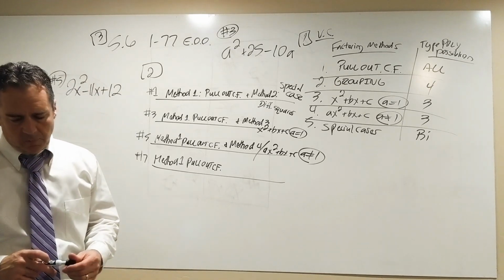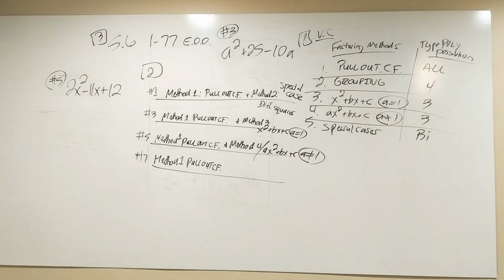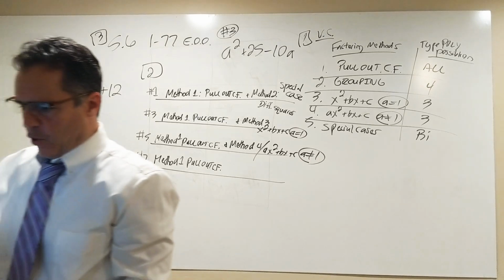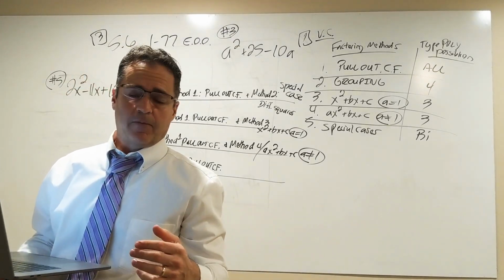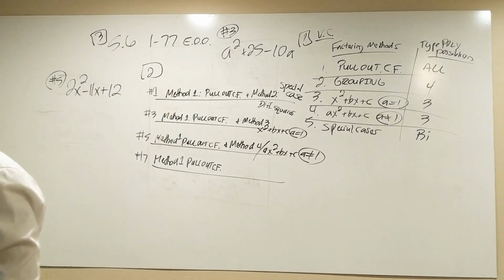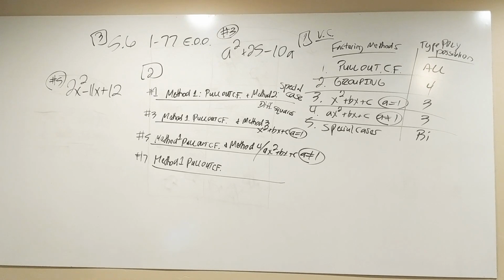Now, I want you to notice as you scroll down on your page there in section 5.6, number 41. I gave the answer for you, so you're just going to get that point for free. And I don't want you to factor that. You'll notice in the assignment it says 1 through 77, every other odd, but do not do number 39 or 41.